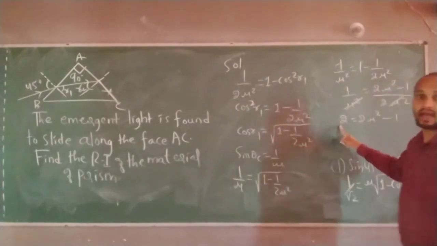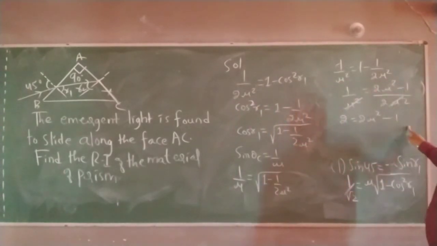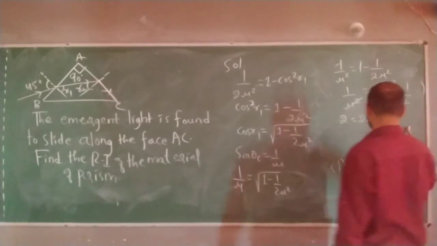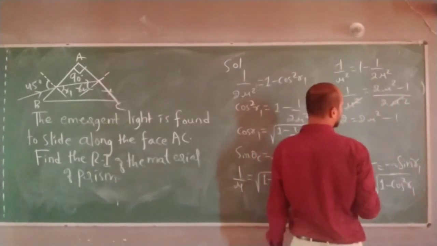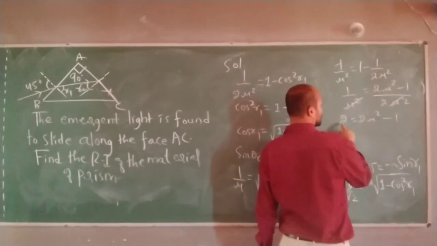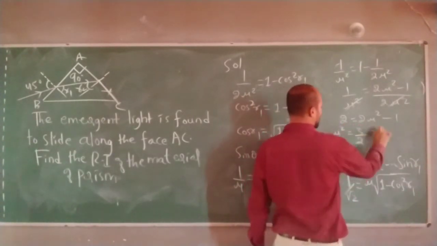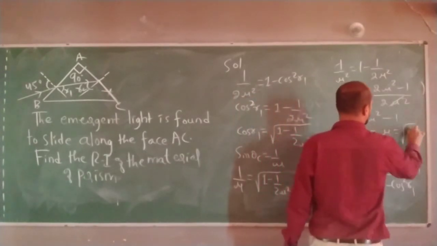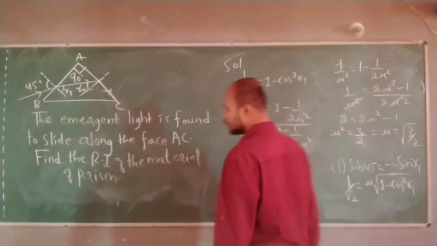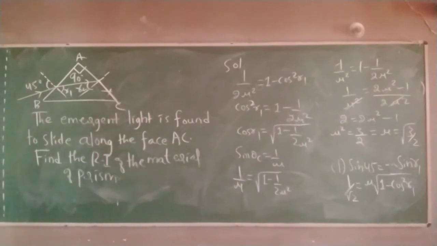Taking this side, minus 3: mu square is equal to 3 by 2. Or mu is equal to root 3 by 2, that is root of 1.5.